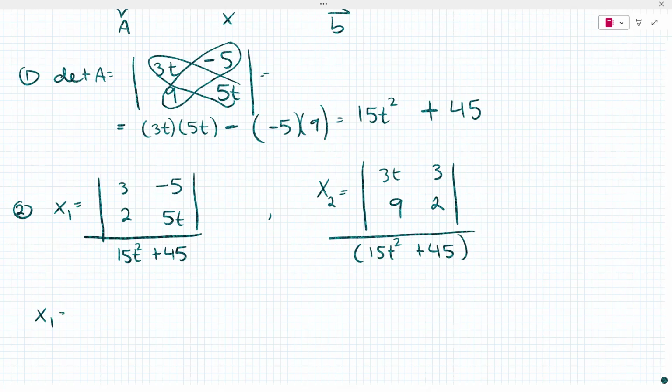So when you do the work, 3 times 5t is 15t, minus -10, that's 15t plus 10, over 15t squared.